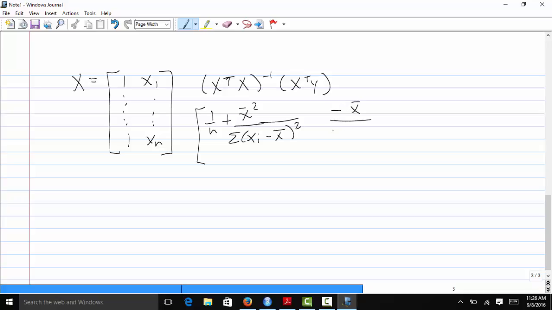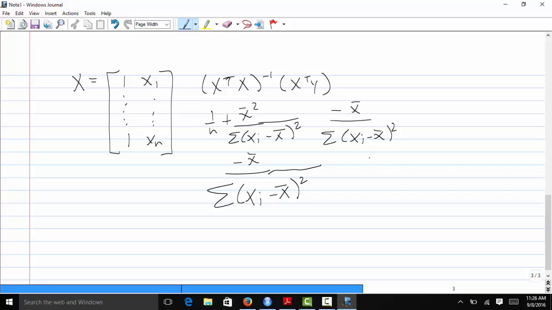And our other element here, I'll write that down. So the off-diagonal elements are the same. And our last element here. Okay.